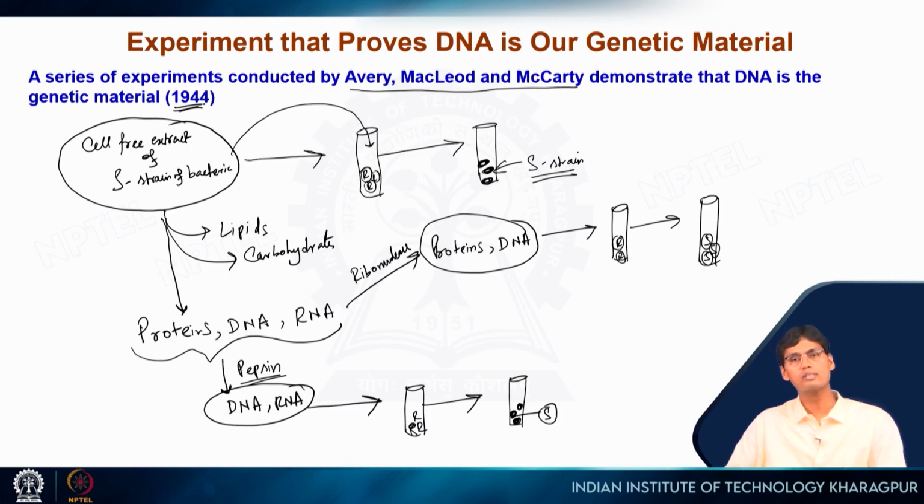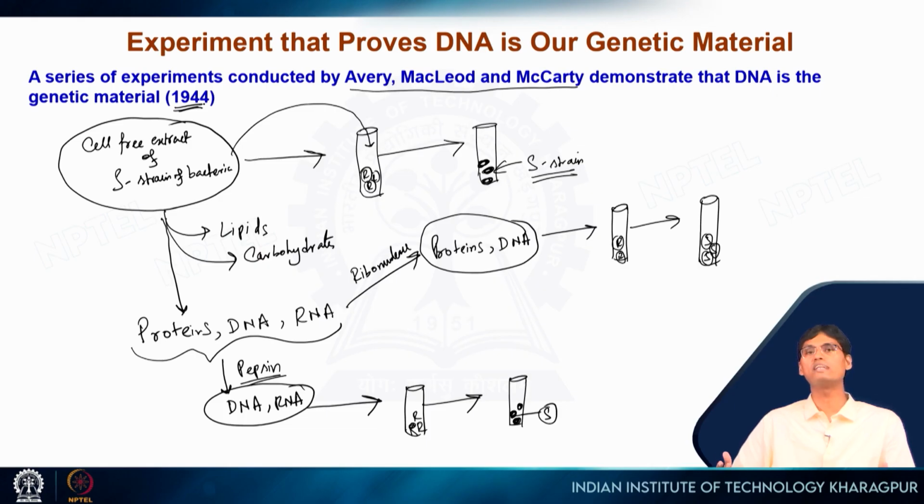But we have to be careful here, because during that time the scientific field was dominated by protein biochemists. Almost everyone believed that proteins function for us, not DNA, because DNA was thought by scientists to be a very boring molecule.